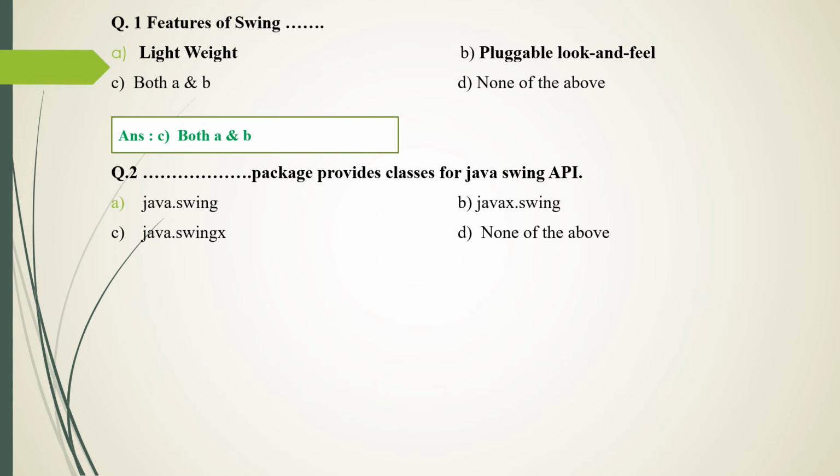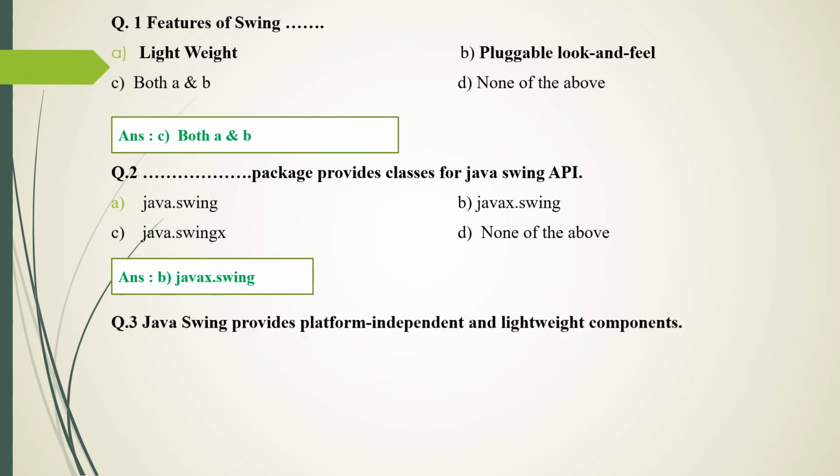So remember one thing, the Swing package uses the javax.swing package. So the answer of this question is option B, javax.swing. Third question, Java Swing provides platform independent and lightweight components. Options are true and false. The answer of the question is true.